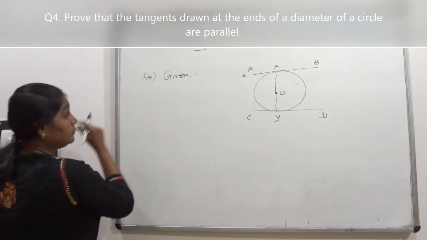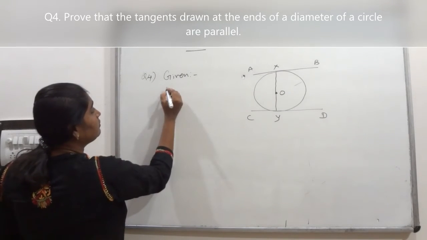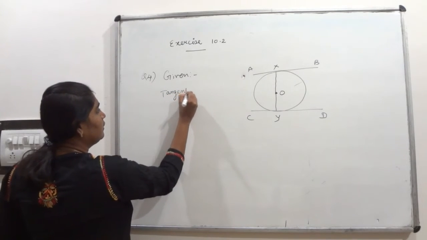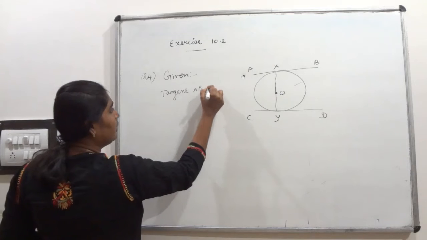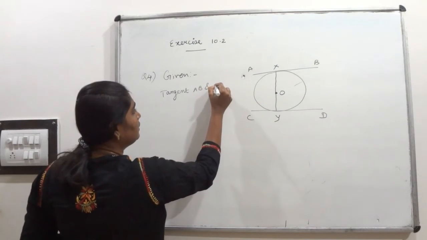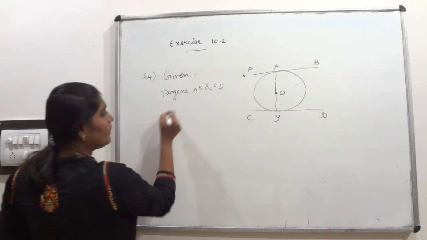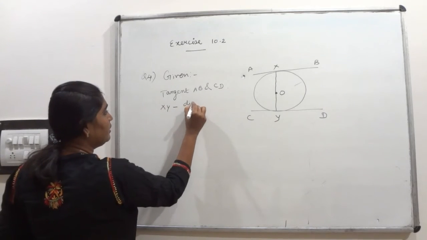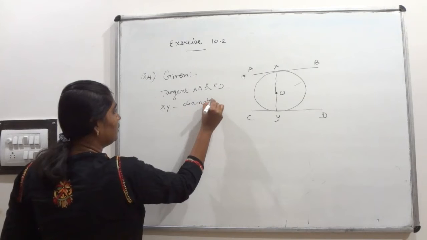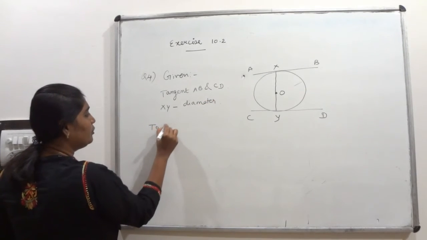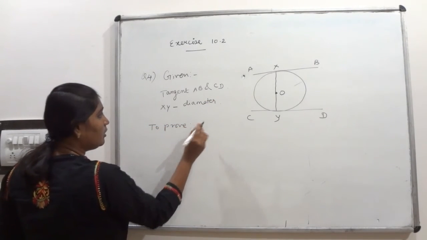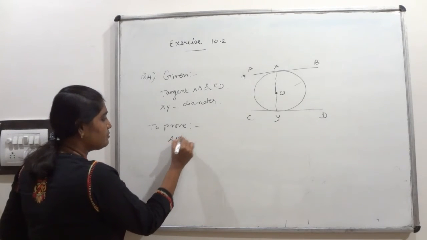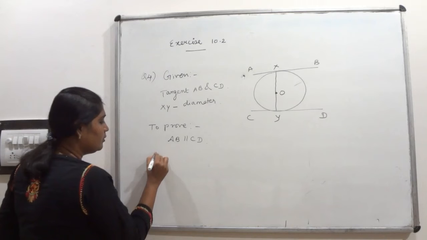So I am writing: tangents AB and CD, XY is diameter. What you have to prove is AB is parallel to CD.